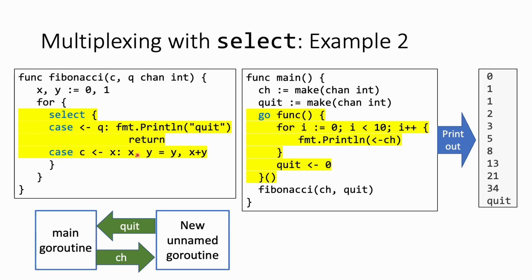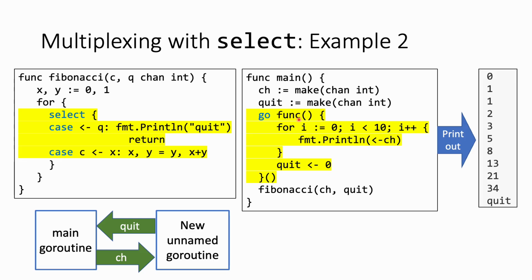In the main function, we create two channels CH and quit that will be passed to function Fibonacci as arguments C and Q, respectively. The main function also starts a new unnamed Go routine, which runs the anonymous function.